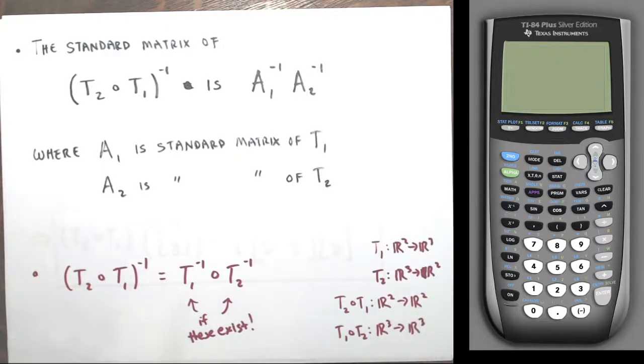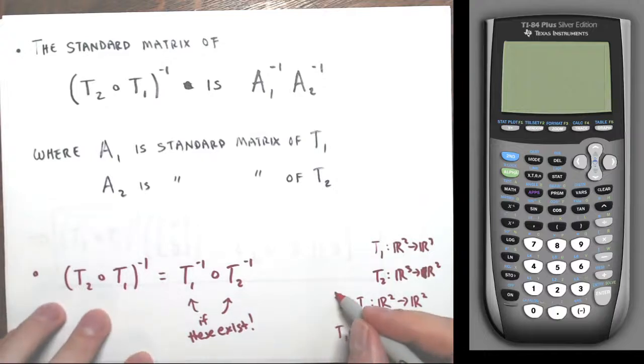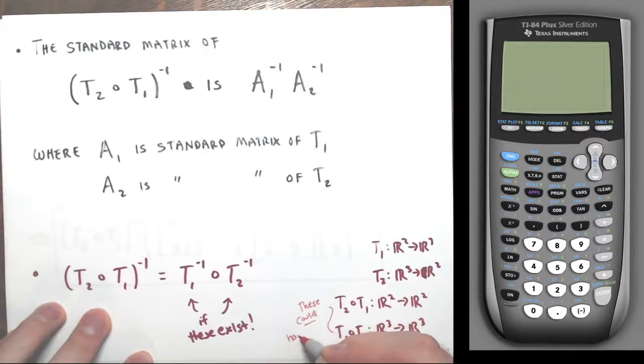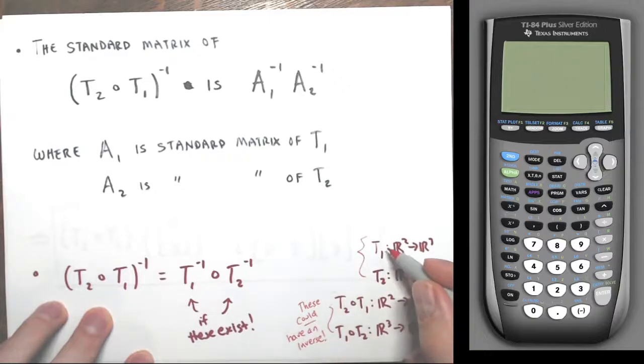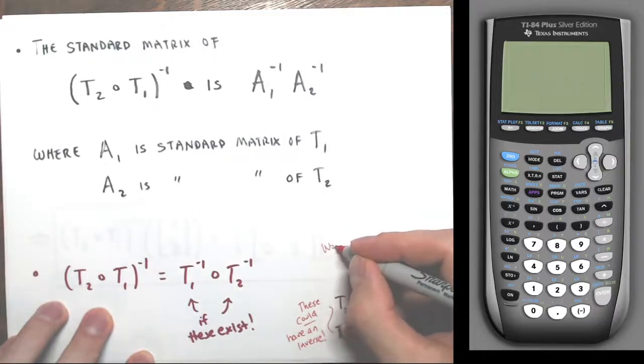So do you see how there might be some scenarios where these could have an inverse? These could be invertible because the domain and codomain have the same dimensions, R2, R2, R3, R3. But the individual pieces that made up the composition won't have an inverse at all. They can't.